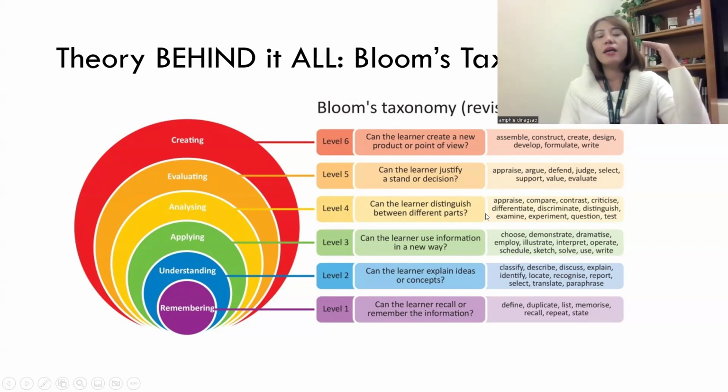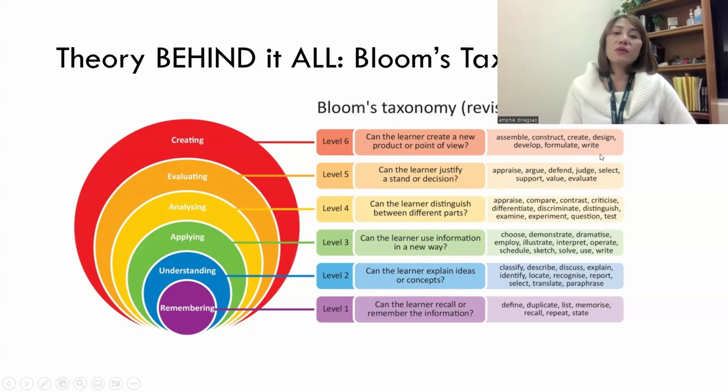These are higher thinking, or students will have to design, write, or formulate. So when you write your objectives, look at Bloom's taxonomy and be aware that you may be just focused on this part, even in your questioning.